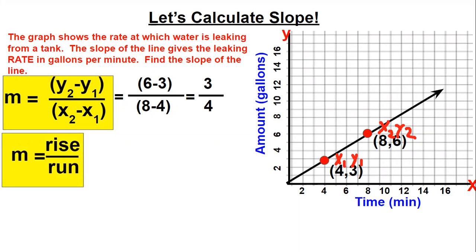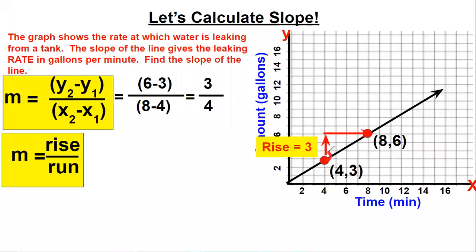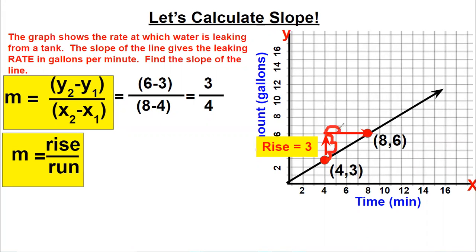I can do it also with rise over run. How do I do that? Well, I rise from this dot to the line where the other dot is. So how much is that rise? Right, that's a rise of 3. How do I know that? Because let's count. I went 1 unit, 2 units, 3 units, and my run is 1 unit, 2, 3, 4 units.